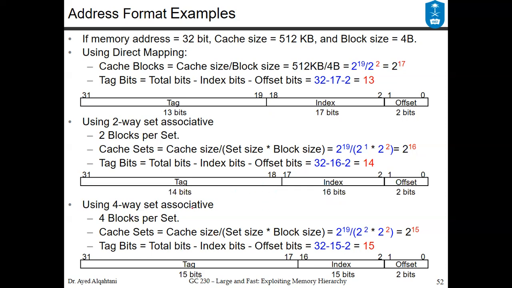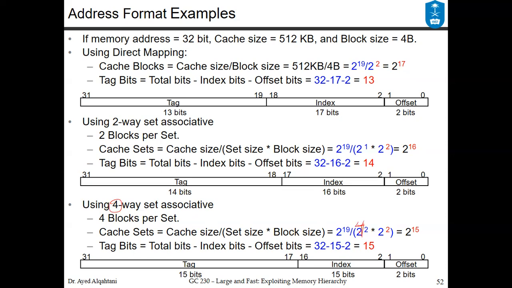Now, using 4-way set associative, you can quickly get it by moving this line 1 bit. So the 18 becomes 17, and the 17 becomes 16. And you know that the index is only 15 bits, or you just apply the same equation. The cache sets equal the cache size divided by the set size times the block size. The block size didn't change, it's 2 to the power of 2. Now the set size is equal to 4, since we have 4 ways.